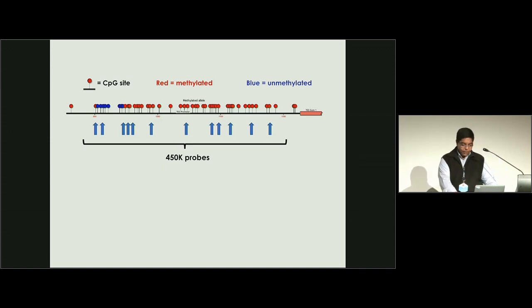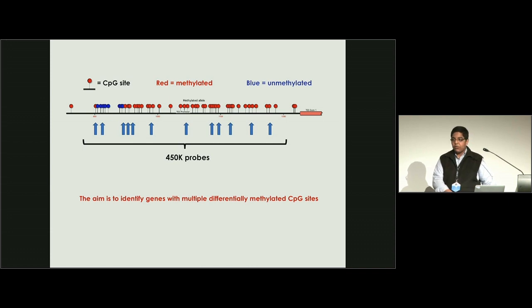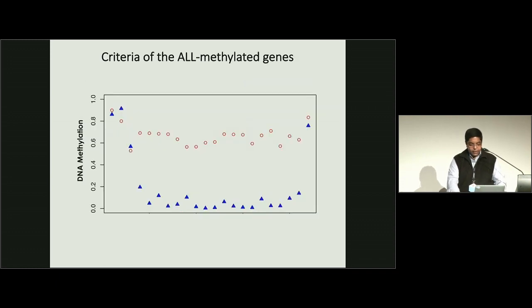So what I'm interested in is finding genes that contain multiple differentially methylated CpG sites, not just one. In order to achieve that, I set criteria for the selection of the methylation biomarkers for leukemia.